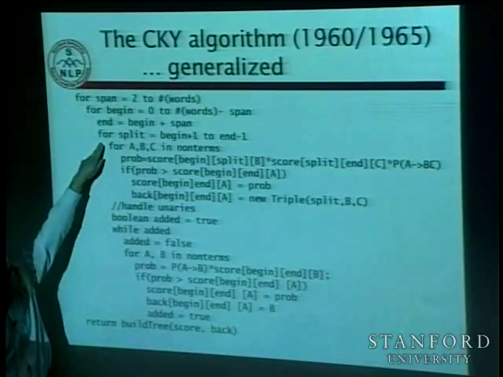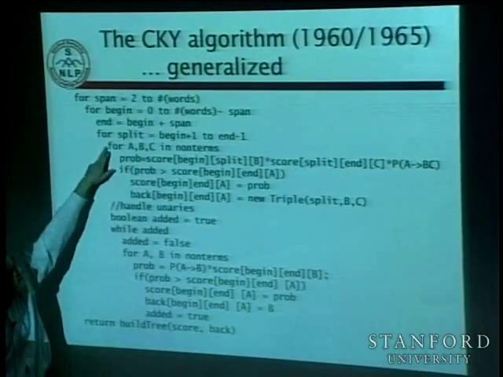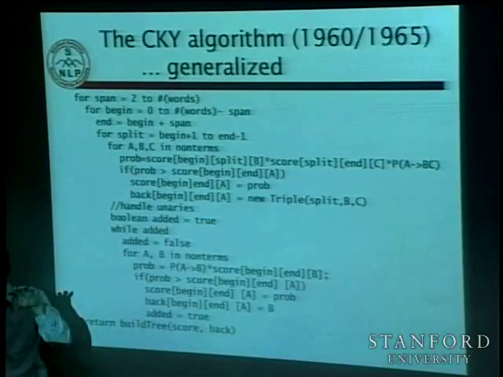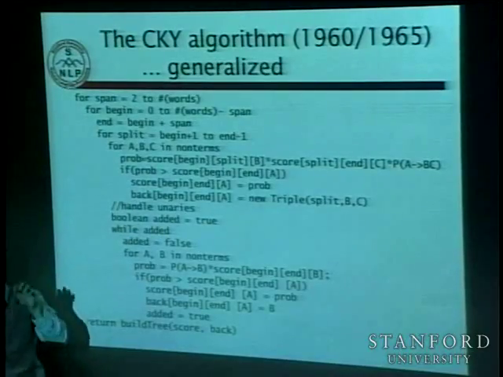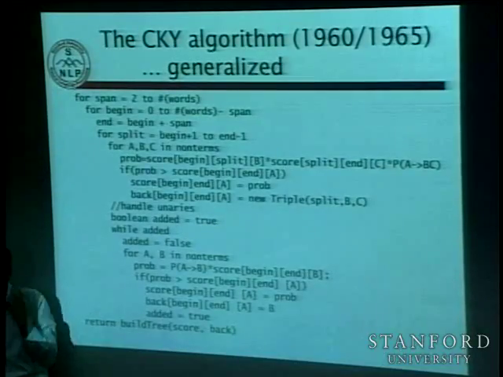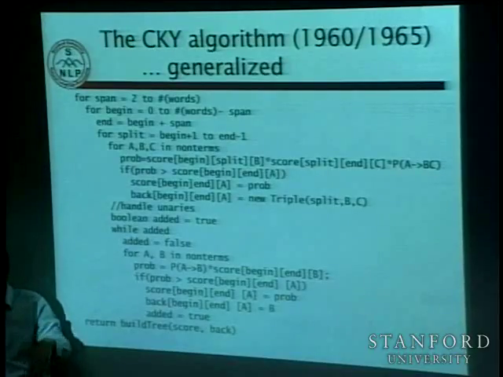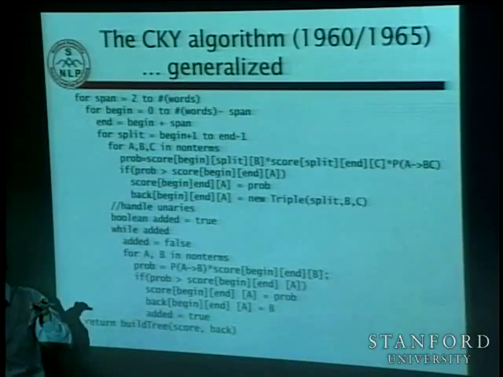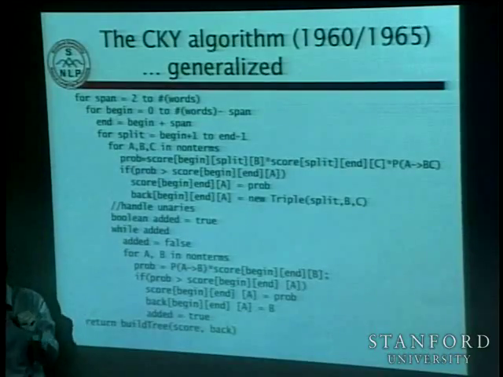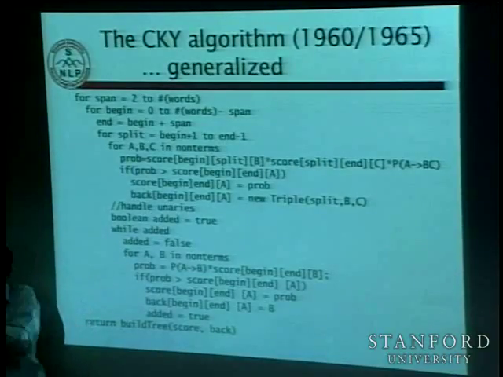And then what I'm going to do is work out, if I want to work out the stuff in, say, the word 4 to the word 7 cell, well, I'm assuming a binary rule, and so the ways I can make it is I could either make something with word 4 and words 5 to 7, words 4 to 5 and words 6 to 7, or words 4 to 6 and word 7.